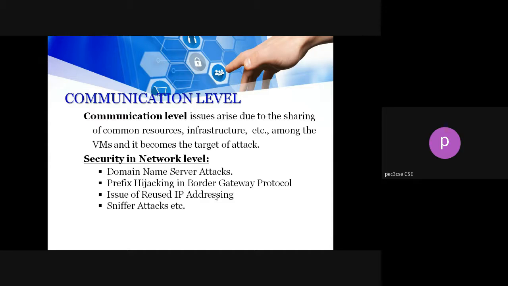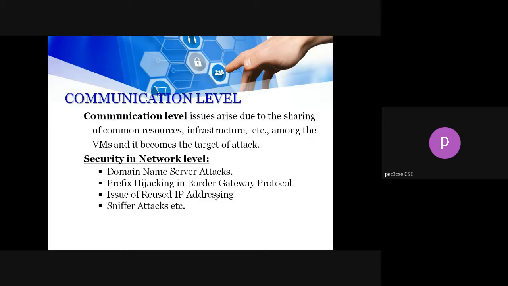An issue of reused IP addresses. We are all very aware that cloud computing uses a pool of IP addresses. Whenever a virtual machine is deployed on a hypervisor, a virtual IP address will be assigned to the virtual machine. Once the task is over, that virtual machine can shut down, and the used IP address can be reused by another virtual machine that is going to be deployed.